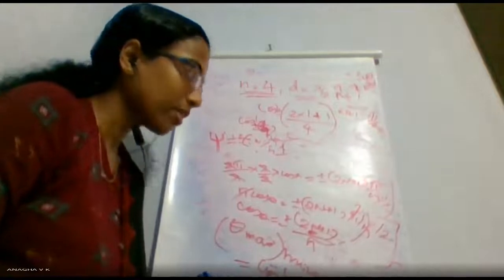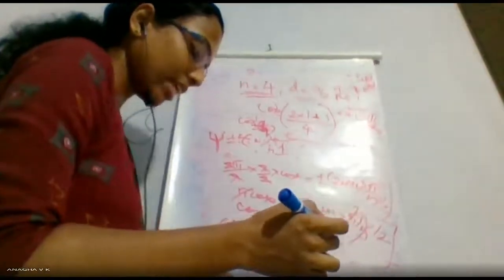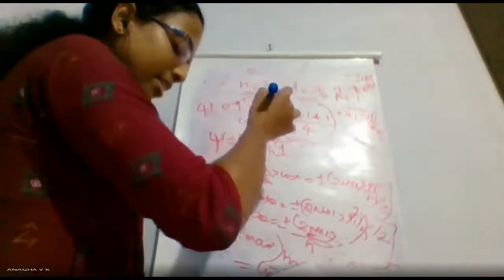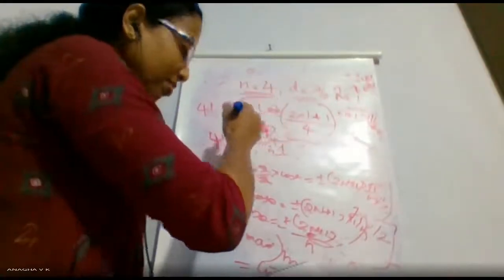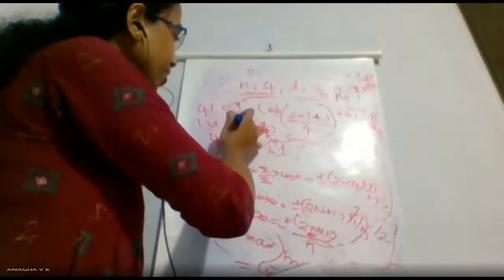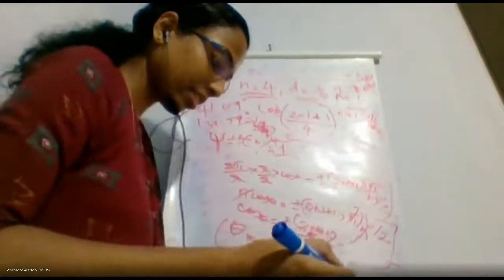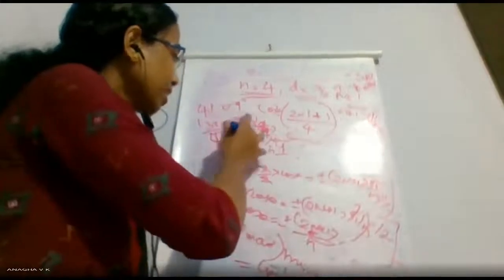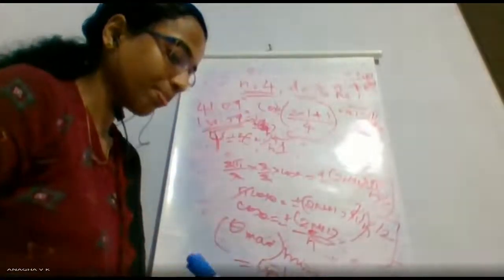What is the value? Do it in the calculator and you will get 41.09 degrees and 138.59 degrees. So these are the angles, the phase shift.